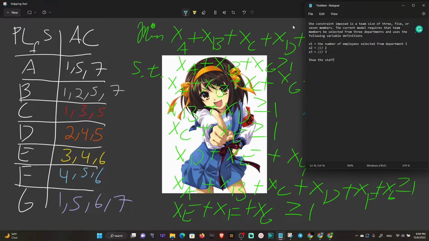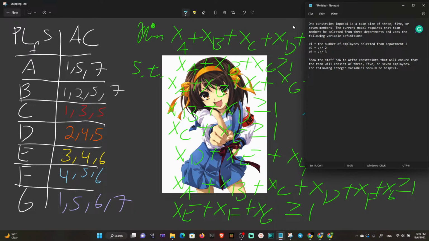Show how to write constraints that will ensure that the team will consist of 3, 5, or 7 employees. The following integer variables should be helpful.